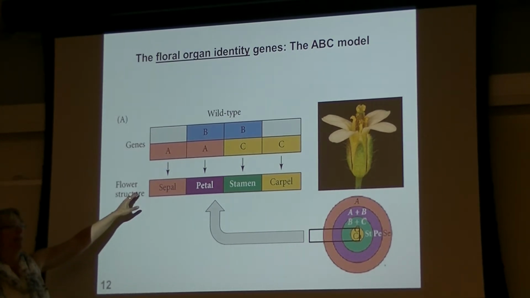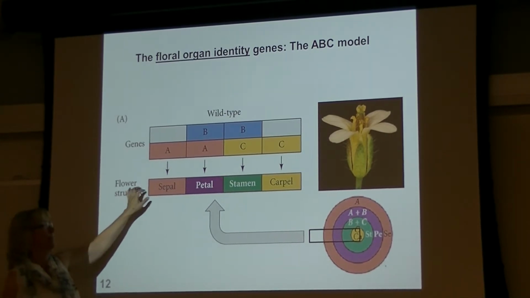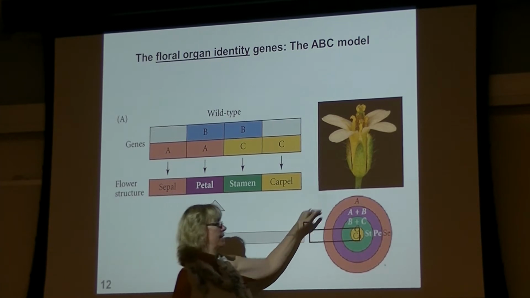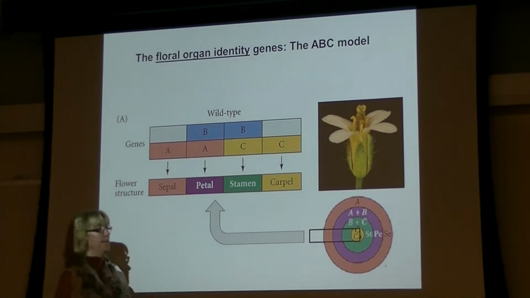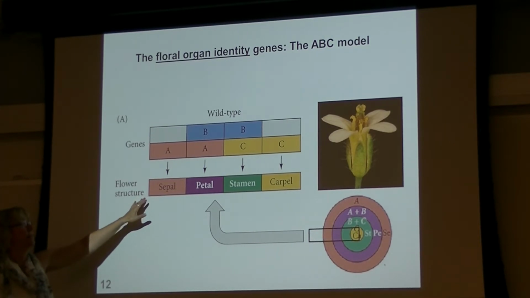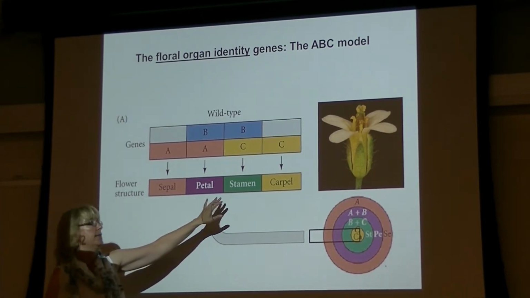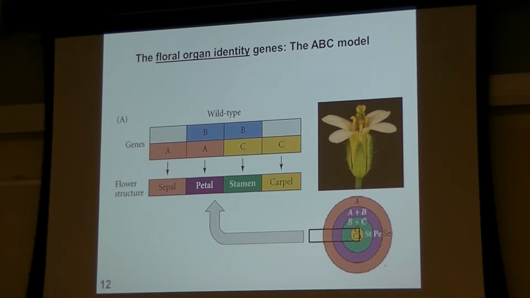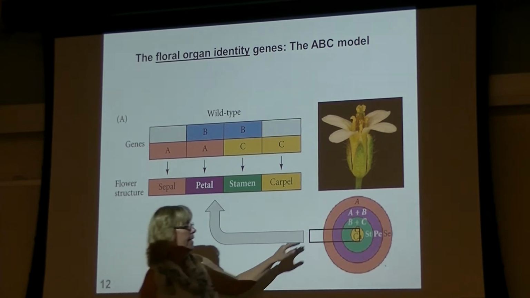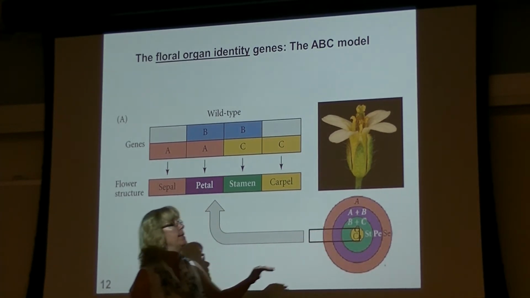So sepals on the very outside. You can think of this in a linear fashion here, or you can think of it as a half, like a radius of the flower. Sepals on the outside, then petals, then stamens, and then carpels. And we have genes that are expressed in this meristem, and only in certain regions of the meristem.